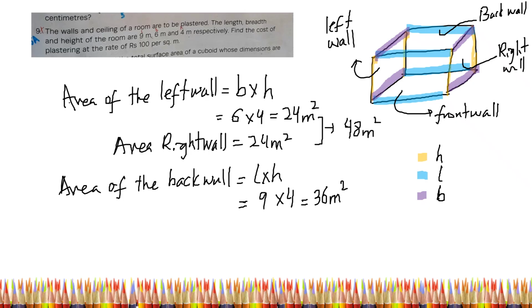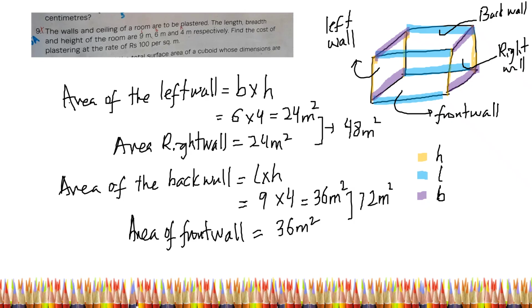Now the area of the back wall and the front wall will be the same, so the area of the front wall is also 36 meter square, and when you sum them, you get 72 meter square, right?